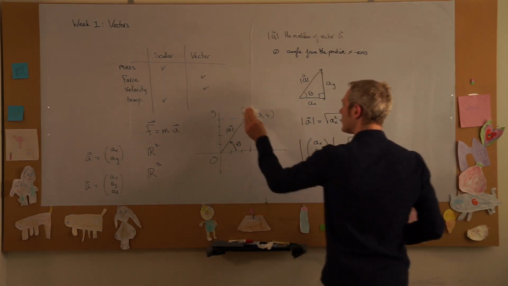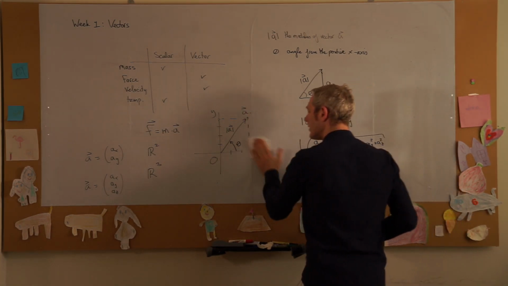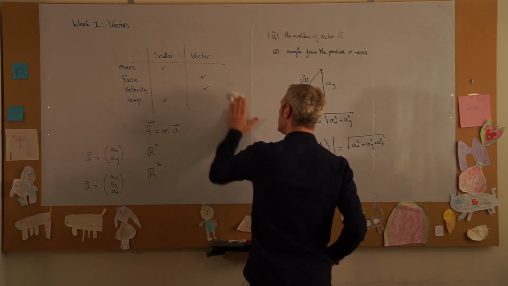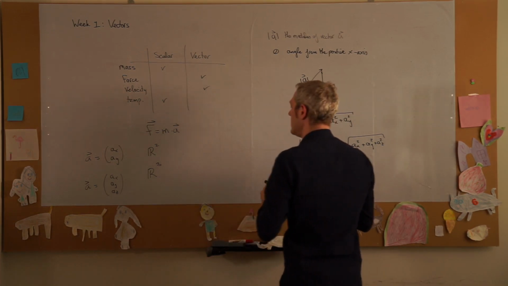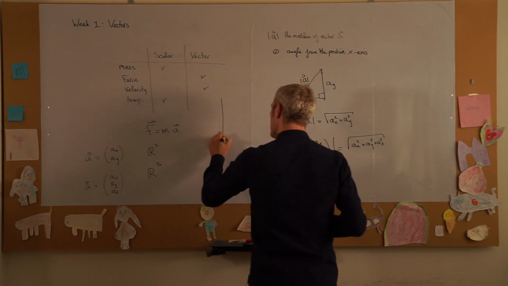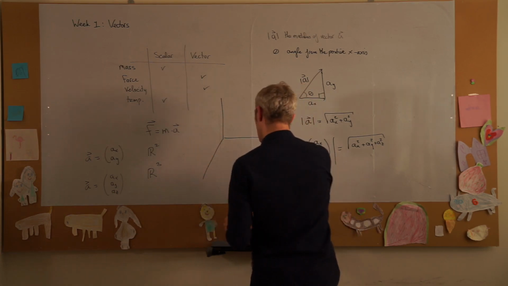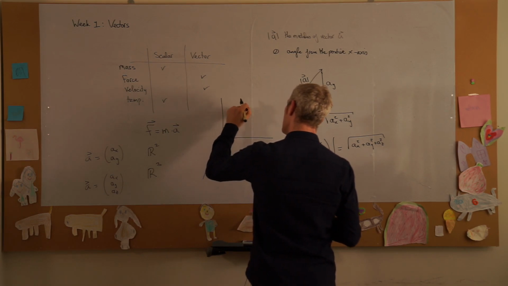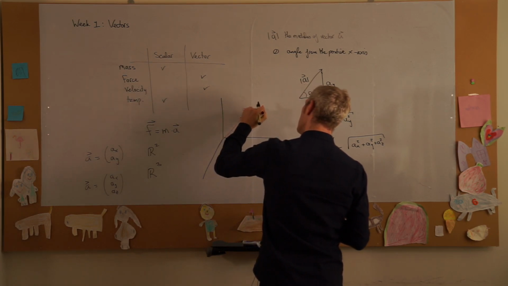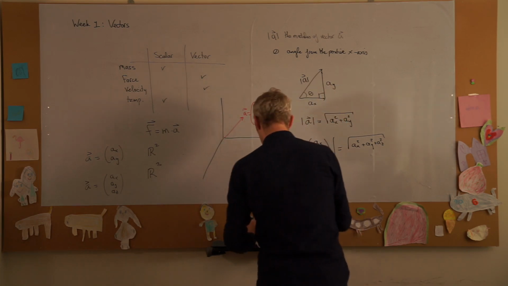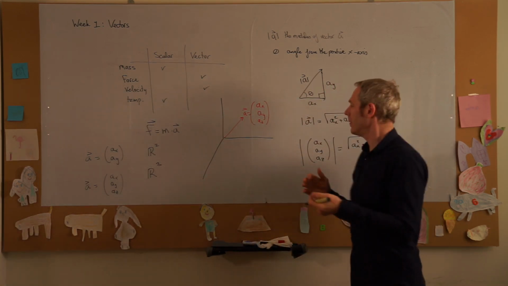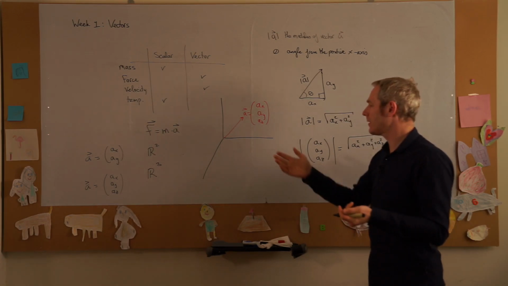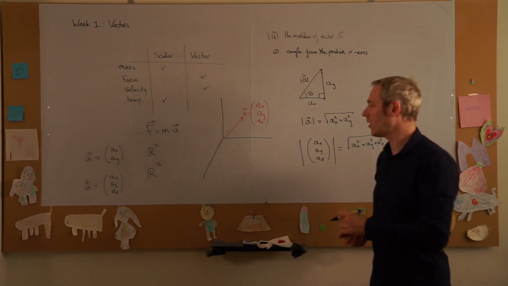So I will just remove this and make an attempt to draw this in 3 dimensions. And what you'll see is that if we have our vector somewhere in space, this is A, which is AX, AY, AZ. And if we want to determine the direction, but then with respect to what?